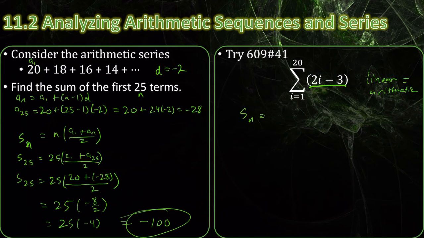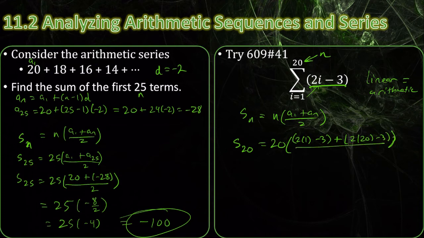Sn equals n times a1 plus an over 2. n here is 20. a1, how am I going to know a1? Just plug in a 1. This would be 2 times 1 minus 3. an, well n is 20, so plug in a 20. Look at that, we know everything.